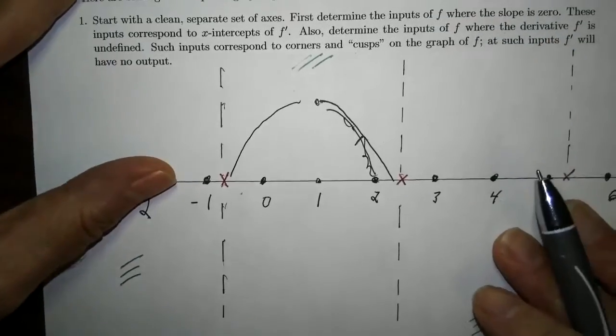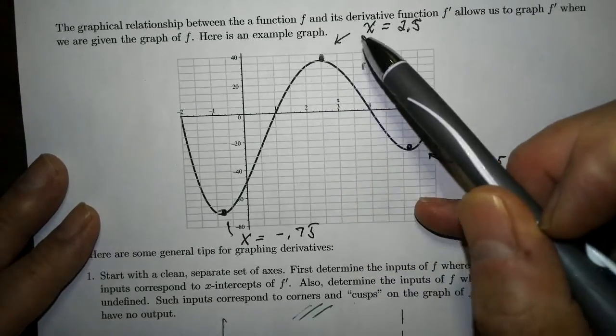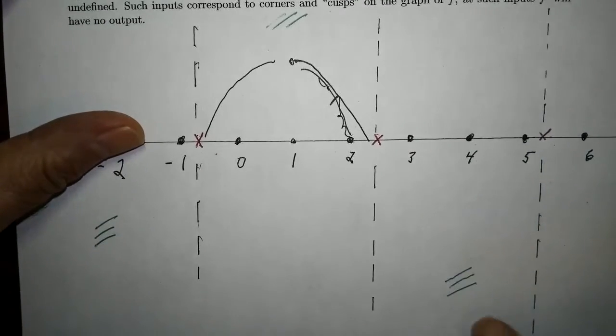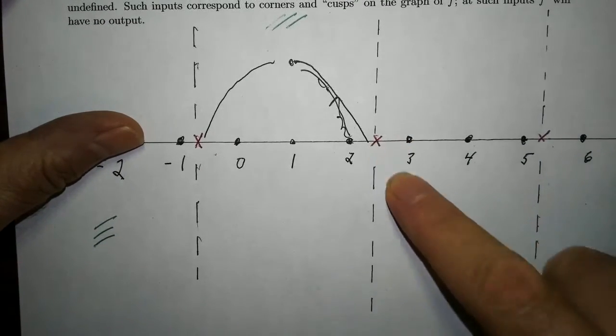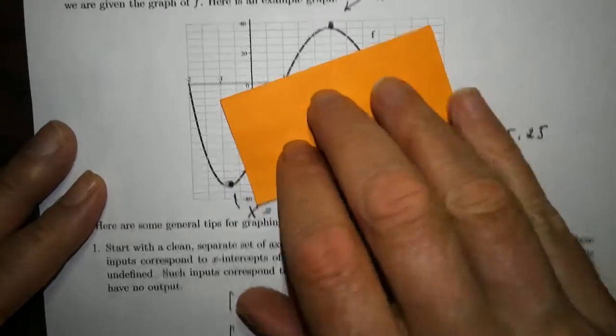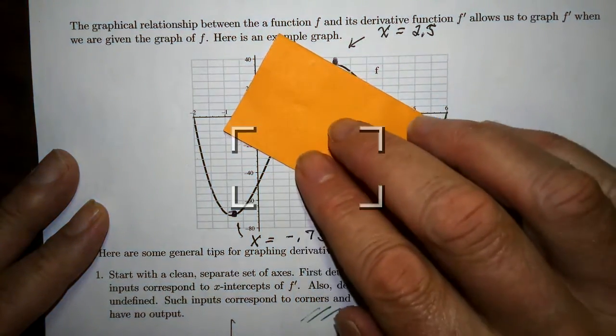Okay, let's go over to the next zone, 2.5 up to 5.25. So the derivative graph is going to live below here. It's going to have to go through those 2 points. Let's take a look at what's happening over here in terms of our slope. The slope is 0. Now the slope is negative.